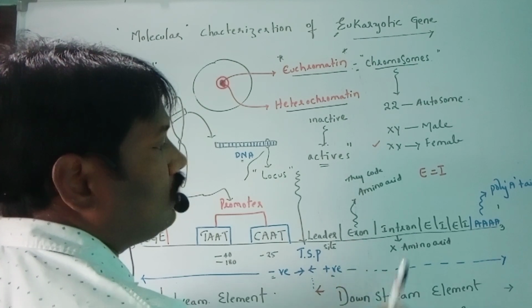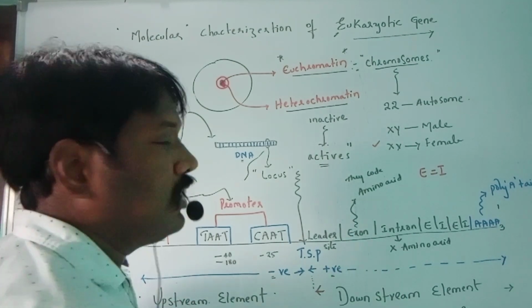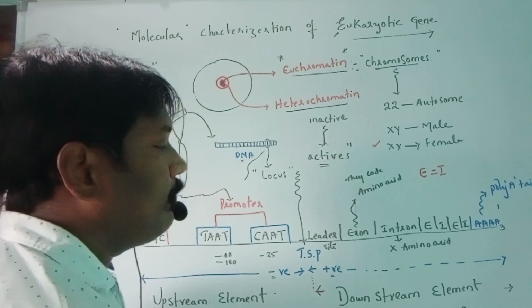So what elements are present in the structural gene? Here we have exons and introns. The number of exons is equal to the number of introns. Exons are coding sequences; they code for specific amino acids.